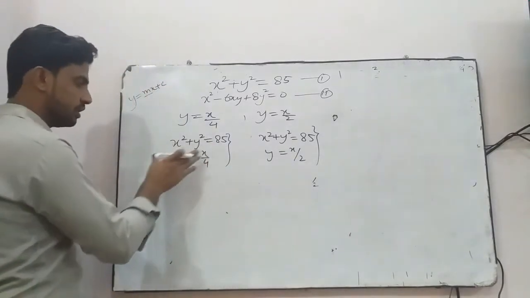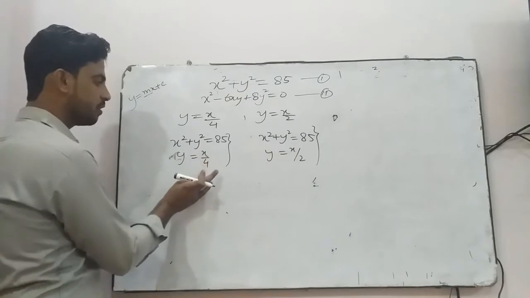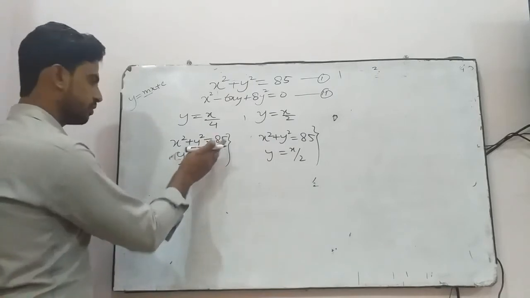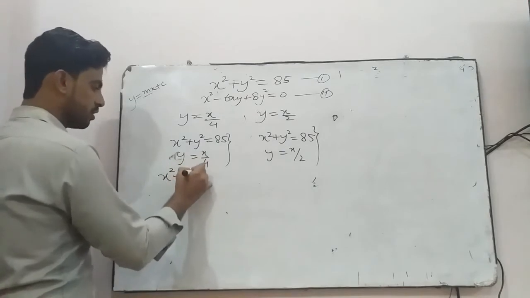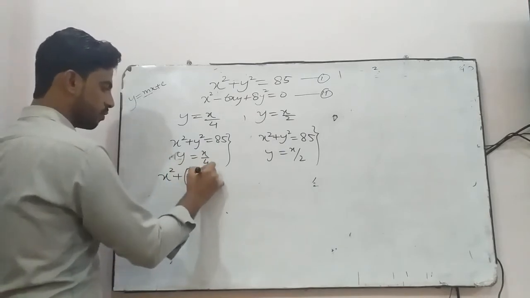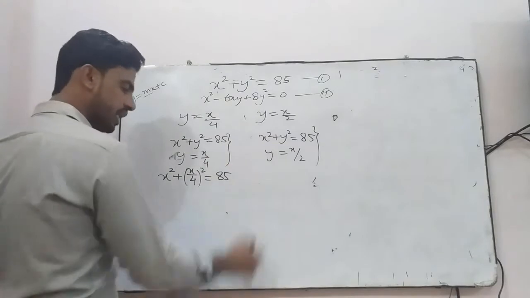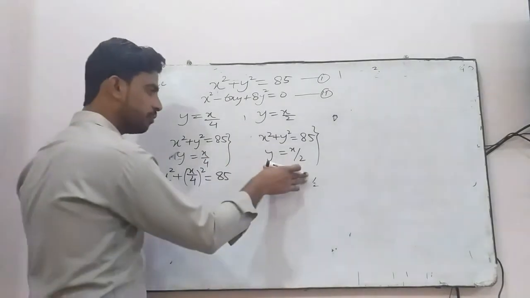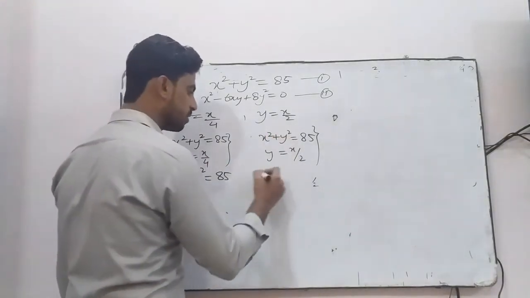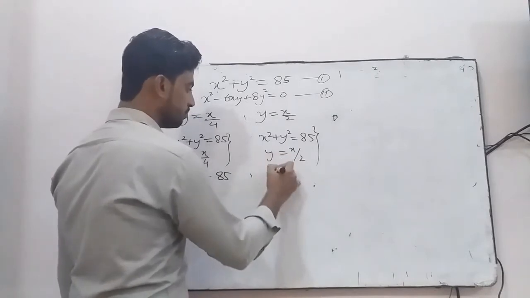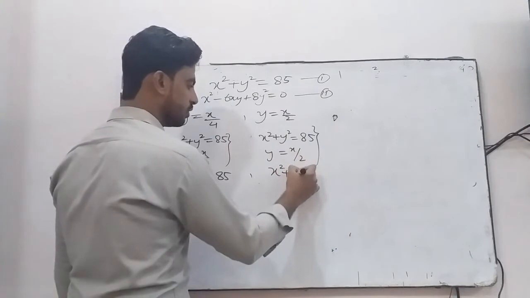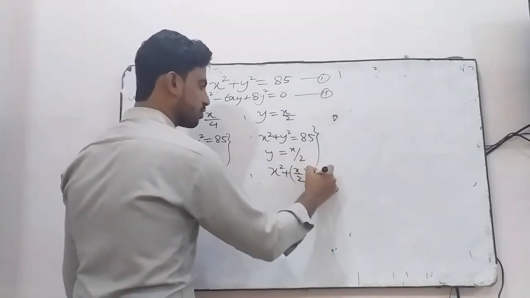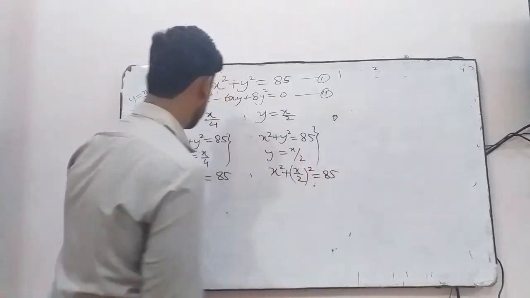To solve the first system, we just put y equal to x upon 4 in this equation. So our equation becomes x square plus x upon 4 whole square is equal to 85. If we put x upon 2, it will become x square plus x upon 2 whole square is equal to 85.